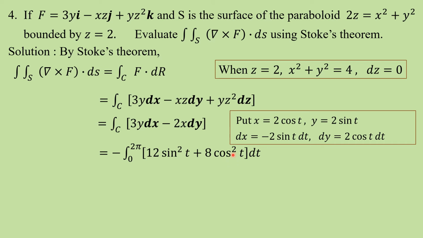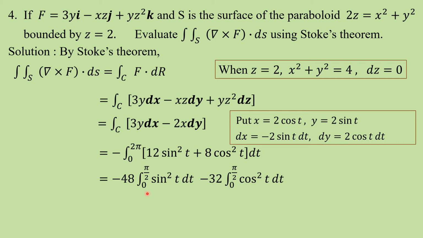But since it is even power, that is again cos square t only. So the 0 to pi integral, you can again write as 2 times 0 to pi by 2, which gives 4 times. So I have totally minus 4 times 12 means minus 48, 0 to pi by 2 sin square t dt, and minus 4 into 8, minus 32 times 0 to pi by 2 cos square t dt.